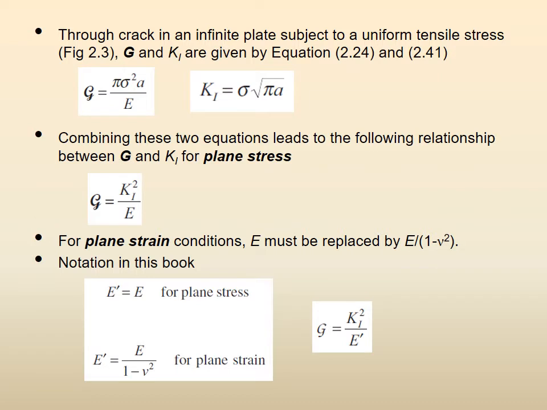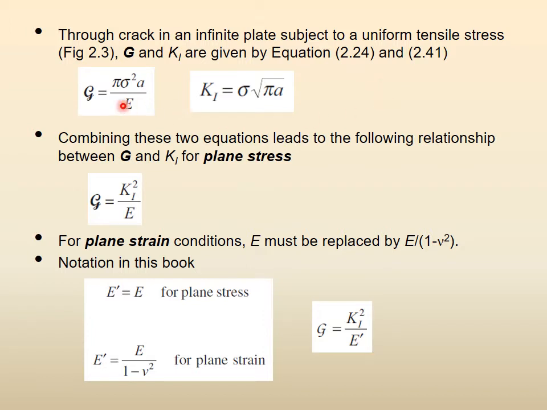Let us see now. Through crack, not edge crack, in an infinite plate subject to a uniform tensile stress, G is pi sigma squared A upon E, K1 is sigma root pi A. This is a flat crack. Remember, it is not an edge crack, it is not penny shaped, it is not elliptical, it is an infinite plate and there is a flat crack.